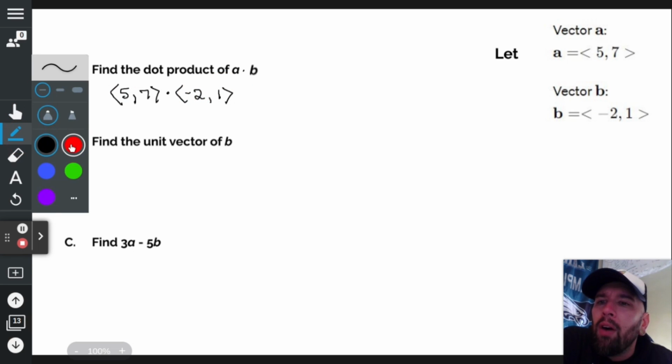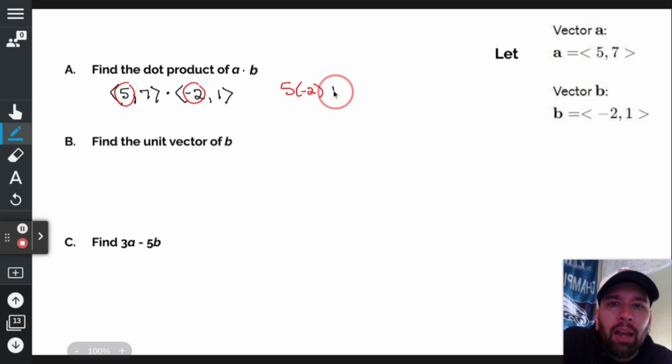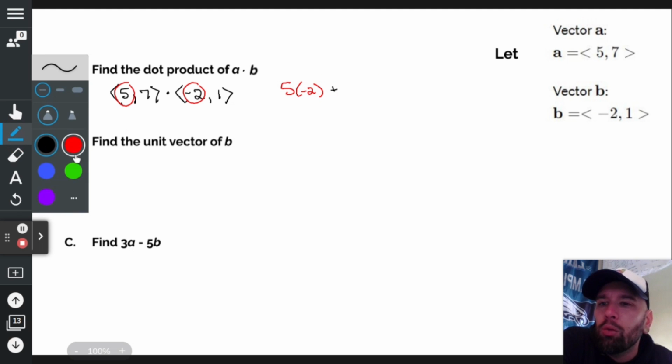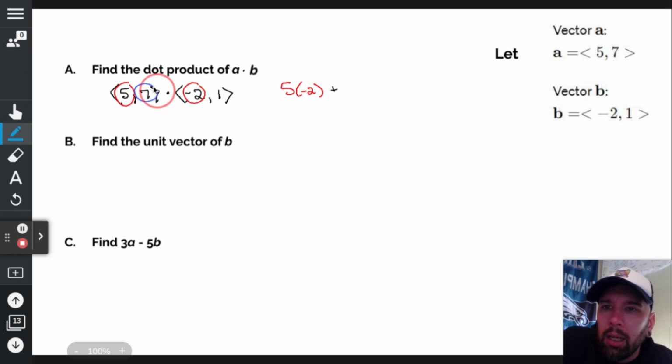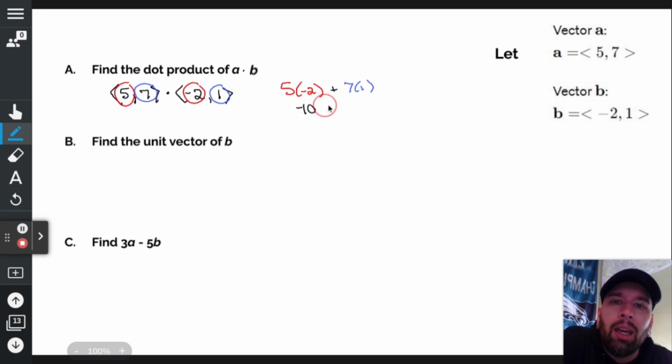The way you find the dot product is you take the first number in each vector, multiply them. So 5 times -2. You are going to add the product of the second two numbers. So those of you who are like, I love matrices, this kind of reminds me of that, you're kind of on the right path, kind of. By the way, we'll get to matrices in a little bit. But this is going to be -10 plus 7, so the dot product is -3.